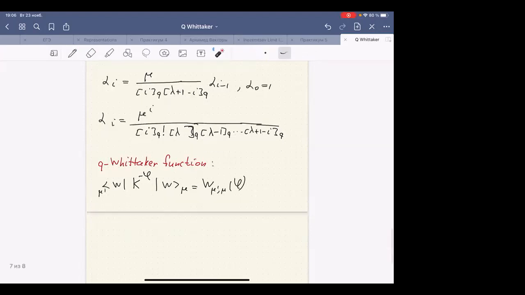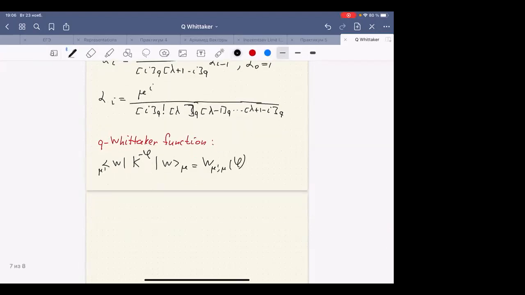So again, the dual Whittaker vector is defined by formulas that f x by m prime. And here, to avoid any problems, we may say that phi belongs to integer numbers.